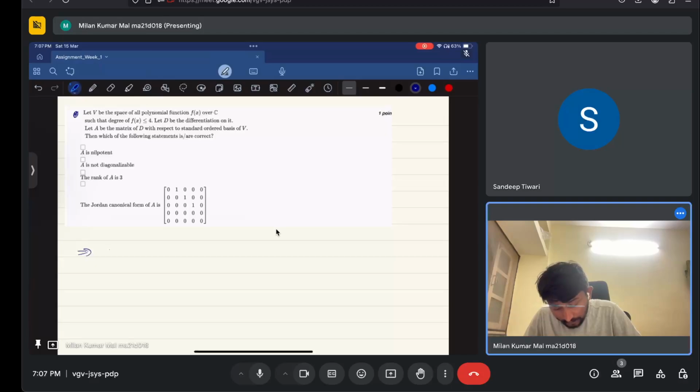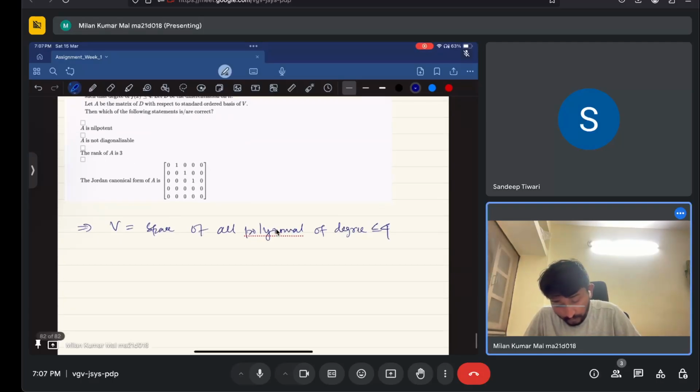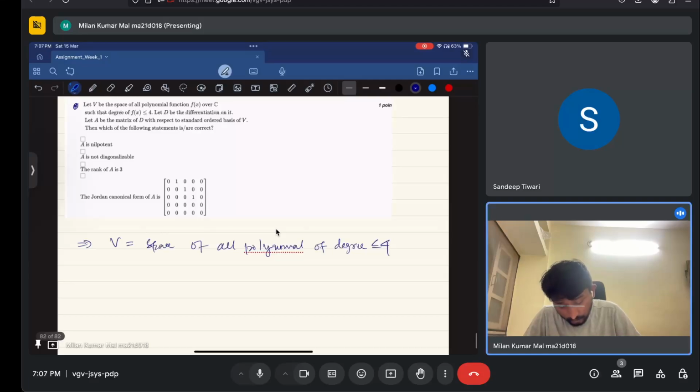Let V be the space of all polynomials of degree less than or equal to 4.